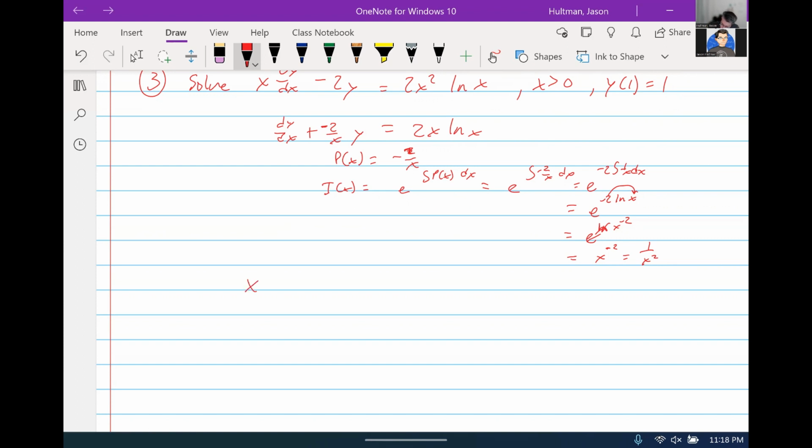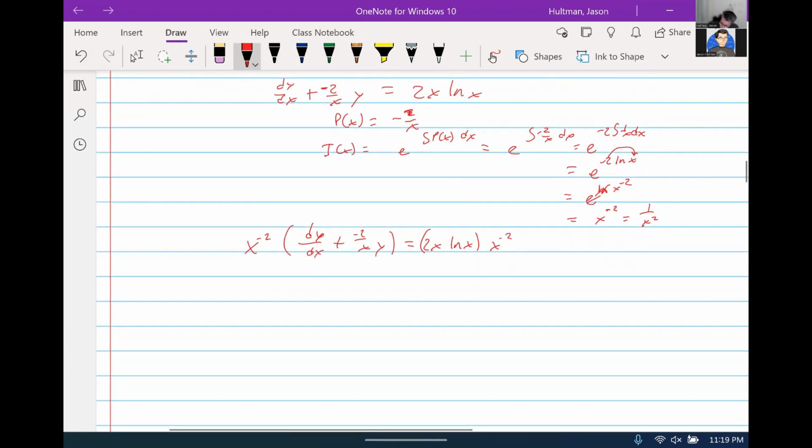Okay, so let's take my integrating factor and multiply through my original differential equation. 2x times natural log of x times x to the -2 power. Okay, so this is going to become x to the -2 dy dx.